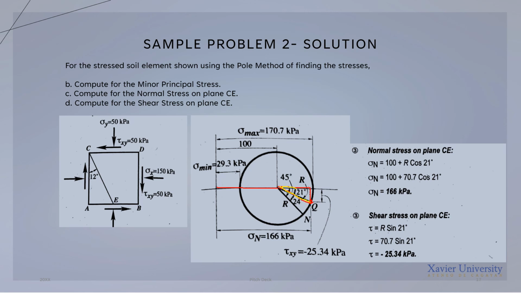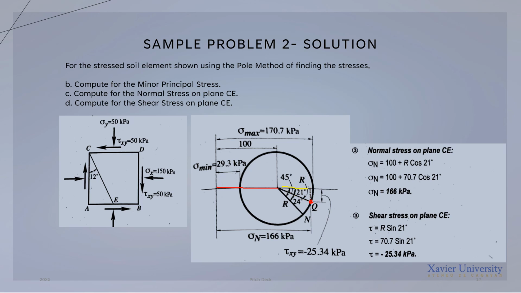So, this one is equal to r cosine theta. So, therefore, our abscissa for this point Q, which represents our point of failure, CE here, is equal to 100 plus r cosine 21, no? So, and we have already solved for our radius, kaganihan, no? All we have to do is substitute that one, and we'll come up with our normal stress on plane CE, which is equal to 166 kPa.